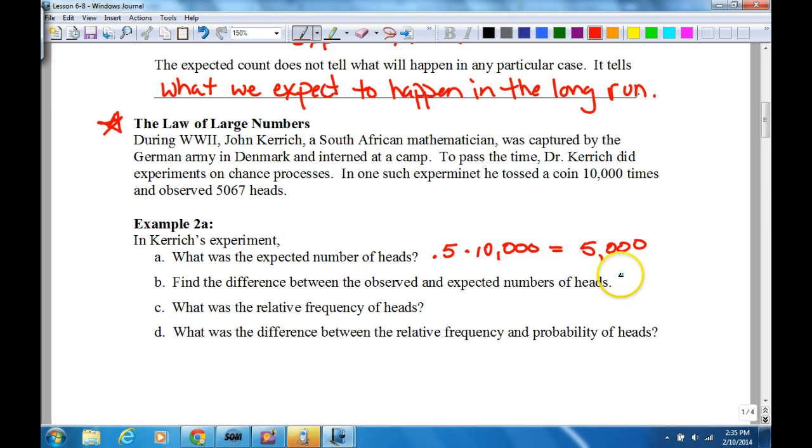Yep, 67, because it's 5,067 minus 5,000 equals 67. What was the relative frequency of the heads? Okay, so this is not the expected amount, but the actual amount. So you're going to have the actual amount over the total tosses.